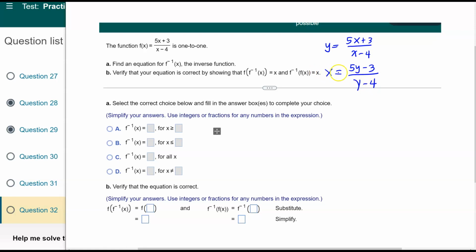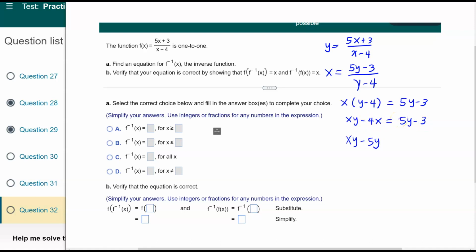So we can do cross multiplication. So we have x times y minus 4 is equal to 5y plus 3. So you have xy minus 4x is equal to 5y plus 3. And then you combine similar terms. So you have xy minus 5y.